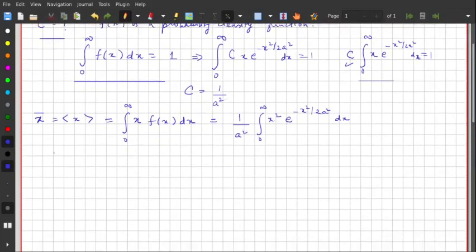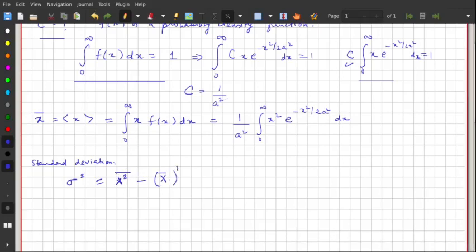Similarly, it can be asked to calculate the standard deviation. To compute it, we know that the square of the standard deviation, also known as the variance, is given as the mean of x square minus the mean whole square.